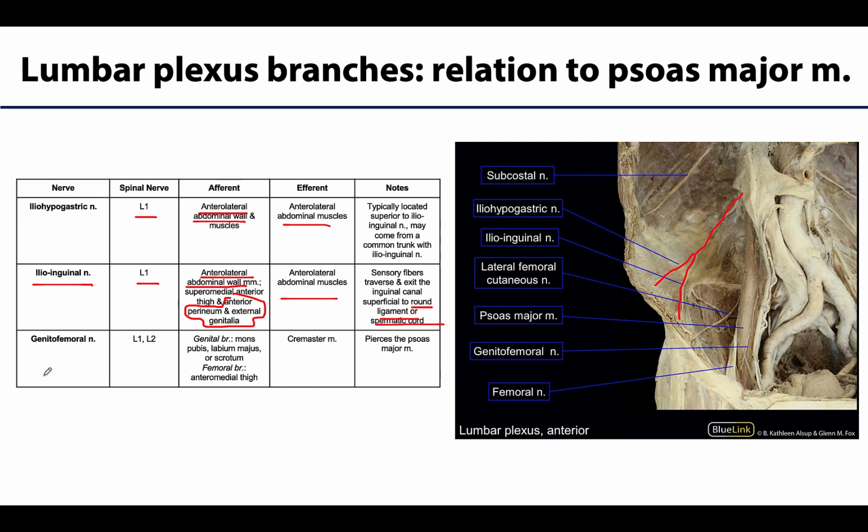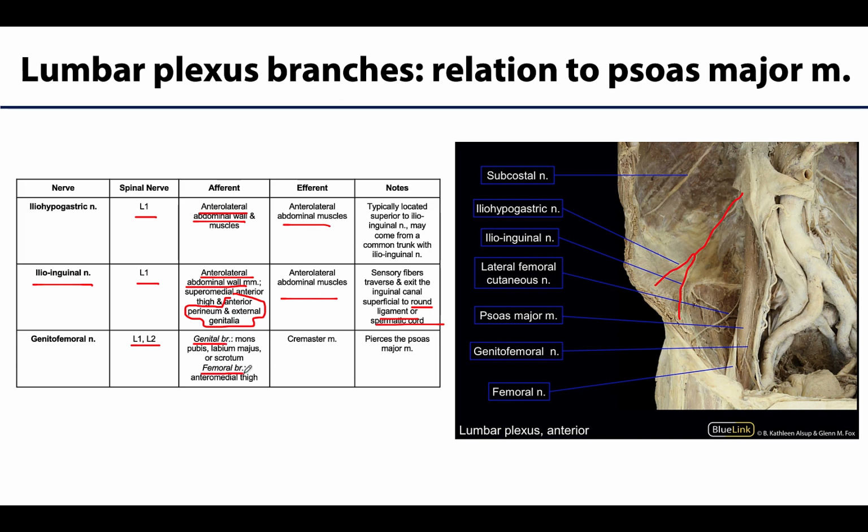Lastly, let's talk a few more specifics regarding the genitofemoral nerve. This is more like a typical plexus branch with fibers from multiple spinal cord levels. So we're talking L1 and L2. As its name would suggest, there are actually two major branches of the genitofemoral nerve. There's going to be a genital branch as well as a femoral branch.